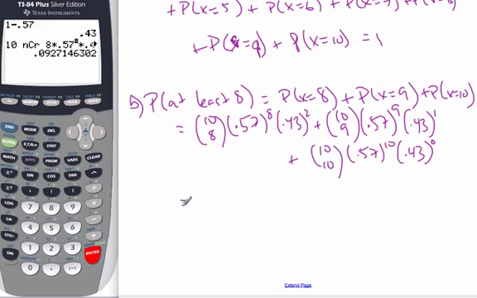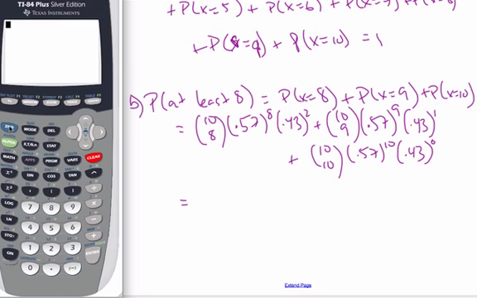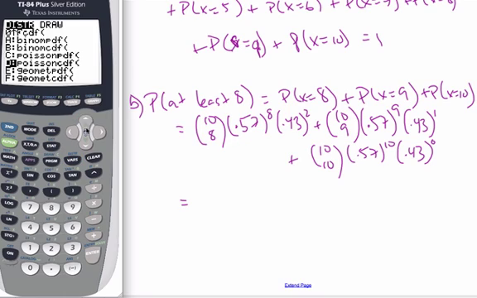Now, you can do that. There's also some calculators have shortcuts that you can do. And if I go to what I call my distributions, they often have things called like a binomial CDF, a CDF function, or a PDF function. And what I'm going to do is this thing called a CDF.